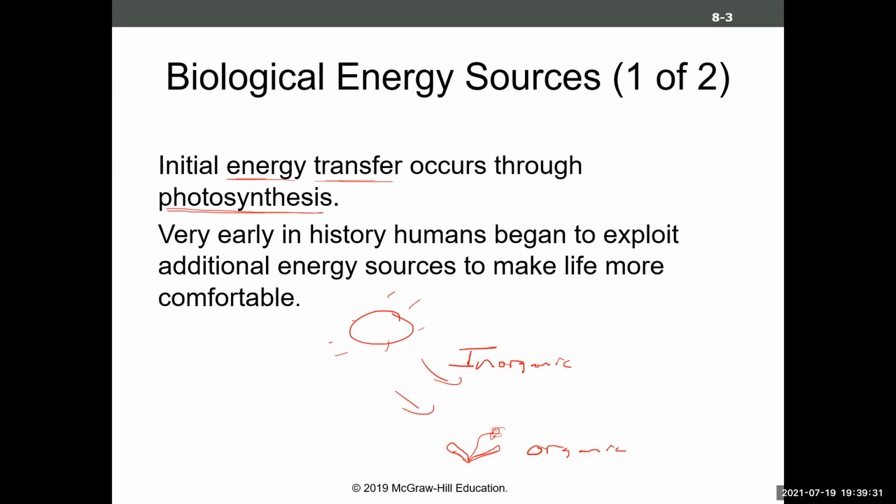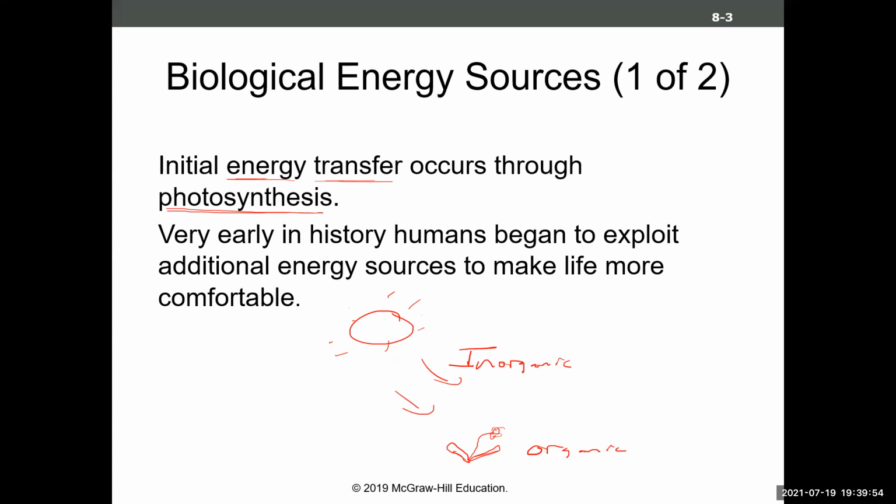And so early on in human history, we kind of figured out, we as in humans, kind of figured out other energy sources that are able to make life much more comfortable and kind of affect the quality of life.